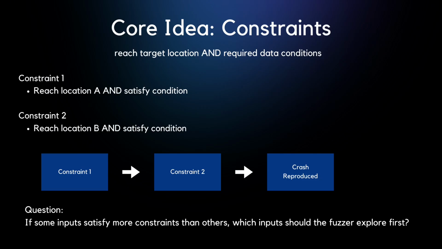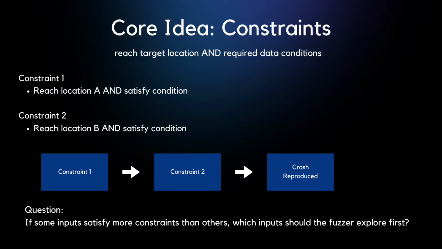Therefore, you must reach the target location and the required data conditions, which addresses the two limitations we just discussed. So for example, say that you have two constraints, each where you must reach a location and satisfy a specific condition. If both constraints are satisfied in the correct order, the crash is reproduced.